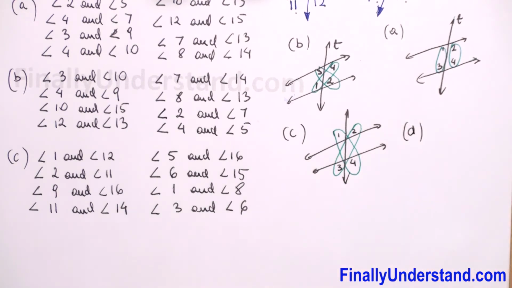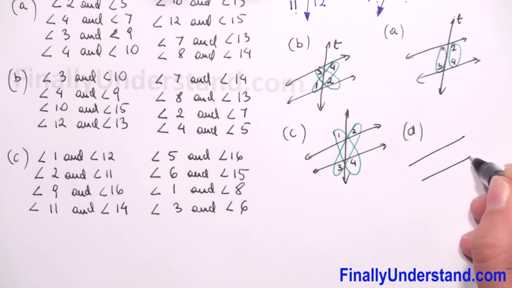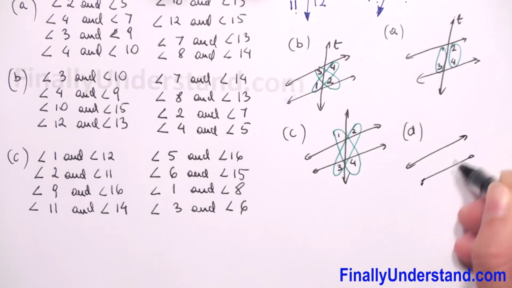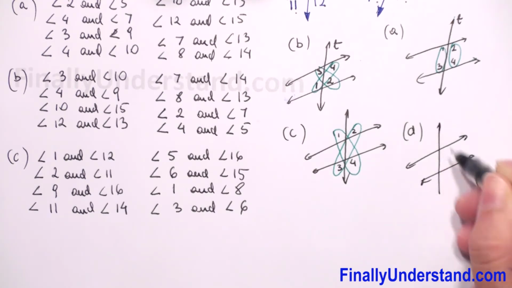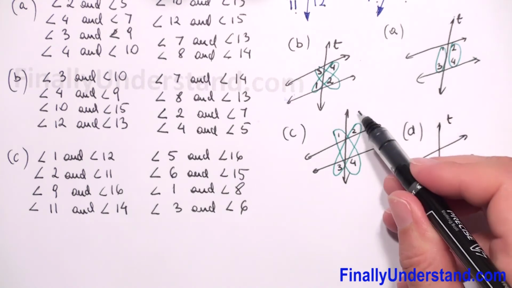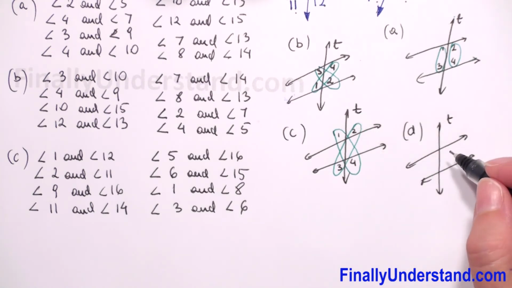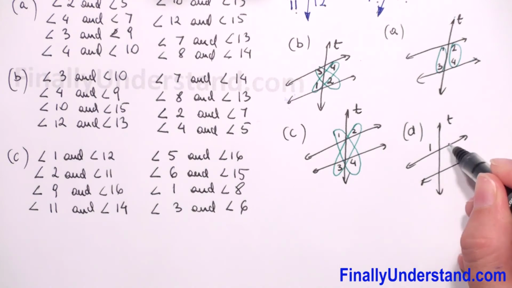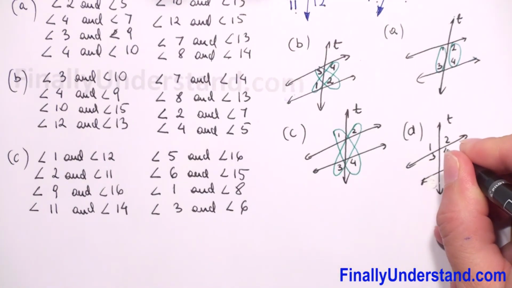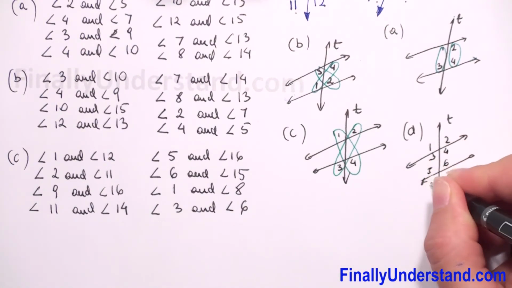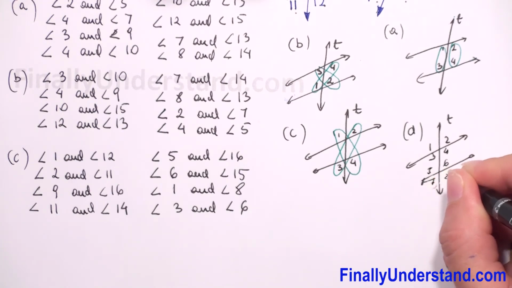And the last, we have to find corresponding angles. We know that two angles are corresponding angles if they have corresponding positions. So let's draw an example. When we have two lines and this is our transversal, so this is our 1, 2, 3, 4, 5, 6, 7, 8.